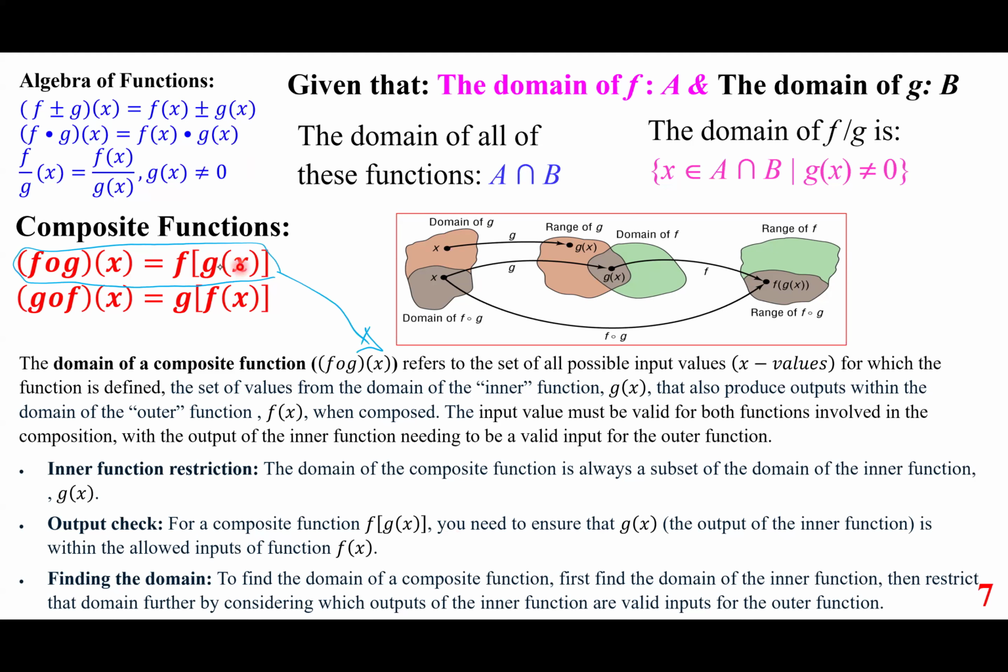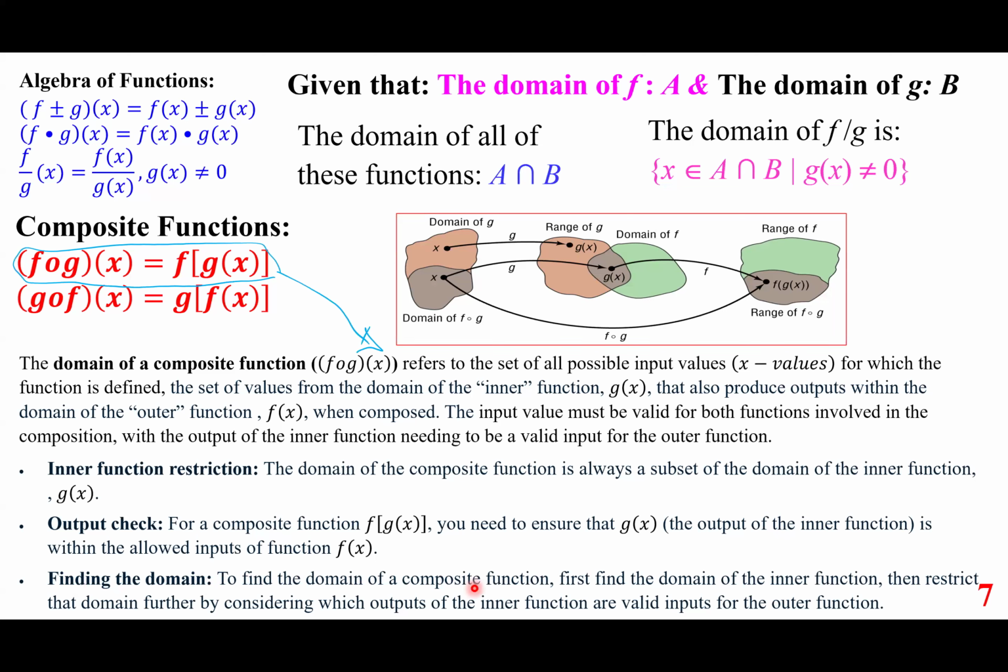If f has no restriction whatsoever, whatever the domain of g is will be the domain of the composite function. For g of f, if g has no restrictions, whatever the domain of f is becomes the domain of both of them. And so having said that, finding the domain.